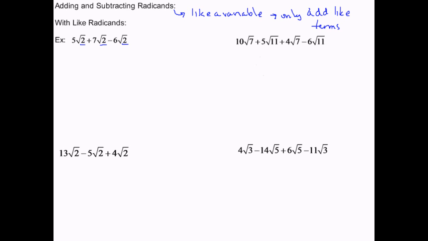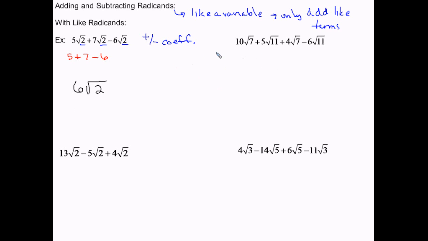So what I'm going to do is add or subtract the coefficients. Okay, so 5 plus 7 and minus 6. 5 plus 7 is 12, minus 6 gives me 6, and the radical stays the same.